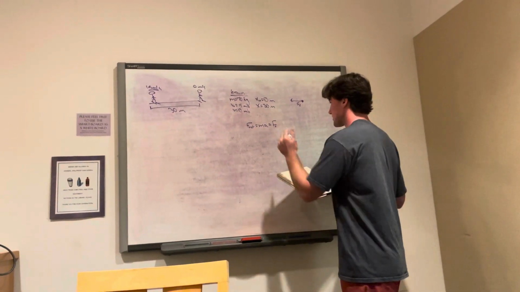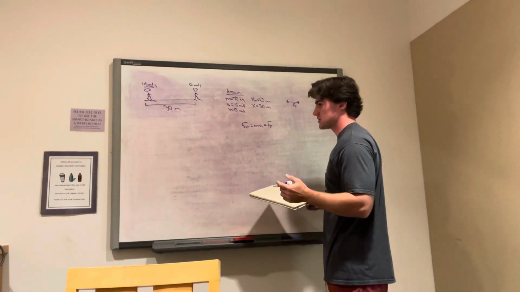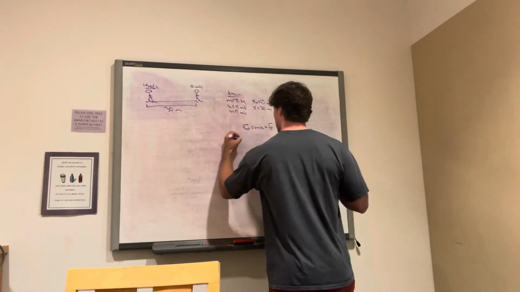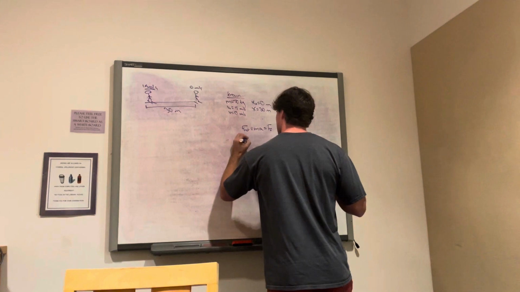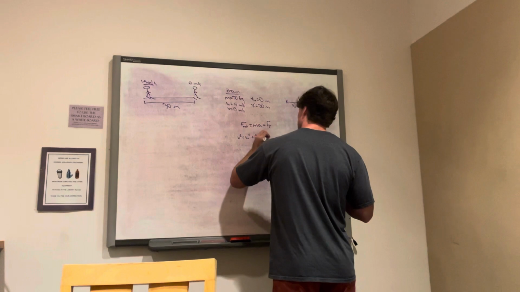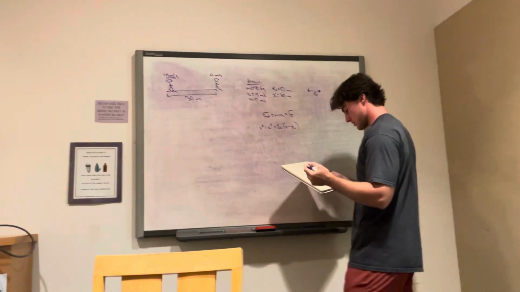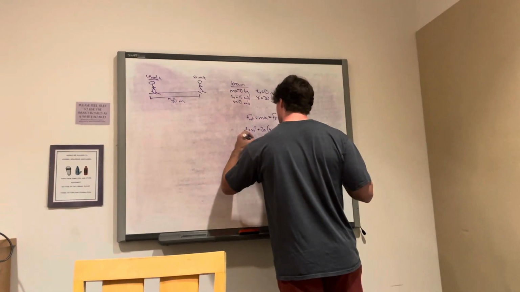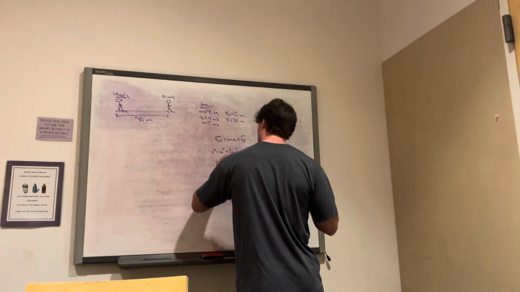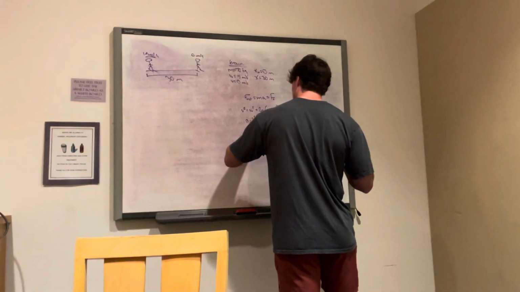But I don't know the acceleration, so using the variables that I know, I can use the equations of motion, and I chose to use v squared equals v naught squared plus 2a times x minus x naught. In solving to isolate for a, we end up with a equals v final squared minus v naught squared over 2 times x minus x naught.